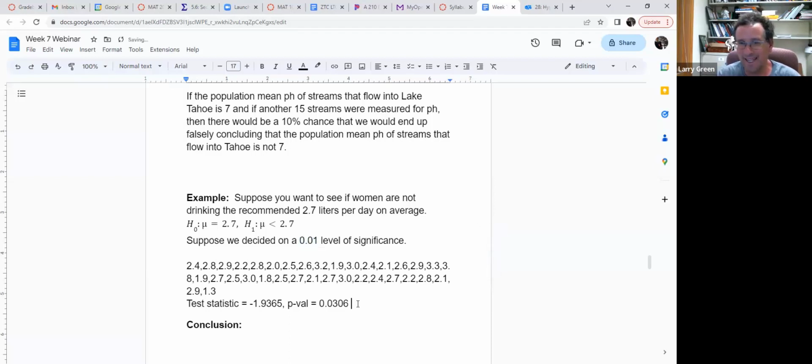Yeah, there we go. Yeah, so our level of significance is 0.01. 0.0306 is greater than 0.01. So that means we failed to reject. By the way, had we used a level of significance of 0.1, you would have rejected. But you're never allowed to change after you collect your data. Okay, you have to pick your level of significance before you collect your data, and then you're stuck with it. Okay, and that's called ethics.